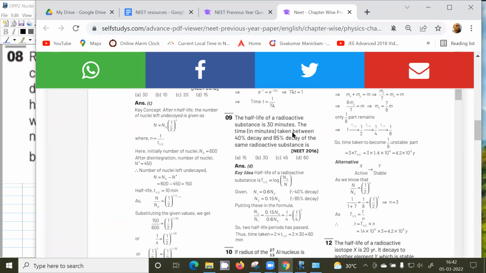The half-life of a radioactive substance is 30 minutes. Find the time it will take between 40% decay to 85% decay of the same radioactive substance.